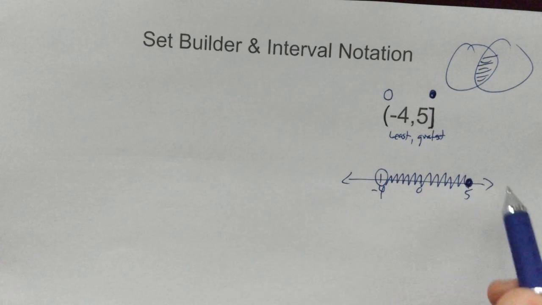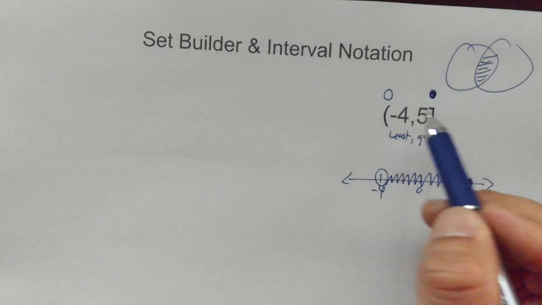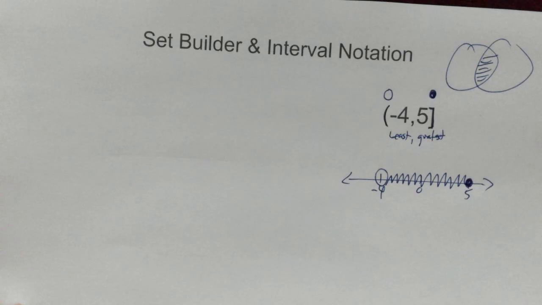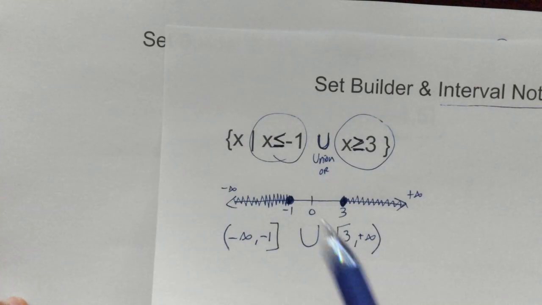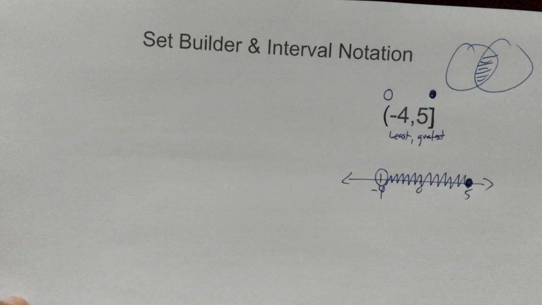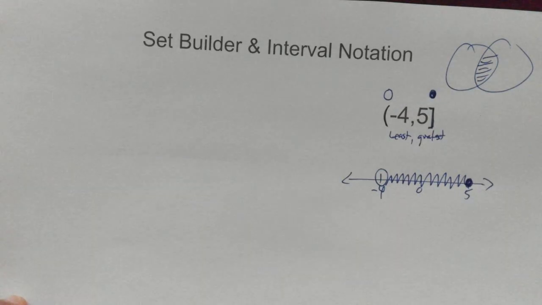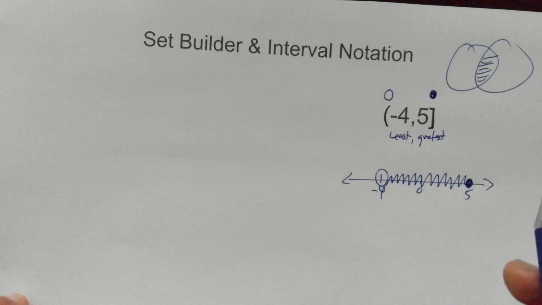Had I had two shaded regions, I would have had two sets, right? Because both parts would have had to have been described by those two regions, like we did here. We have to describe the left and we have to describe the right. But since there's only one, I know I'm describing the part that overlaps the middle, the intersection.